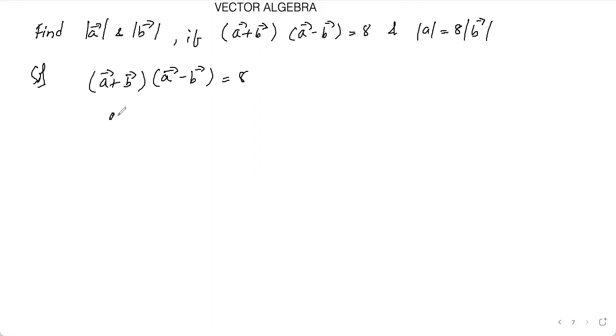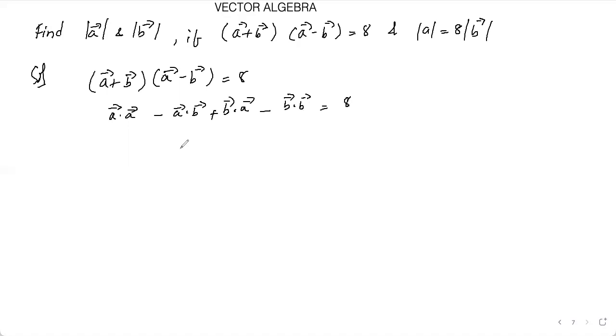So this we can write as A dot A minus A dot B plus B dot A, and minus B dot B, which is equal to 8.